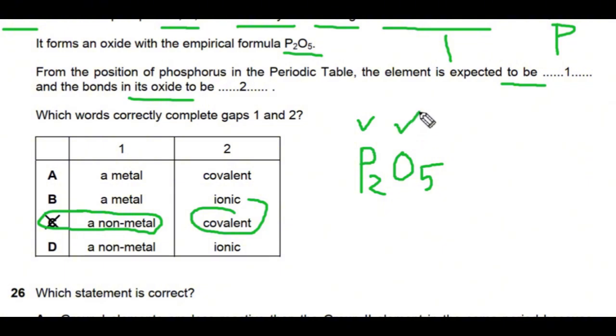When two non-metals combine, they form a covalent bond, a covalent compound. So C is the right answer.